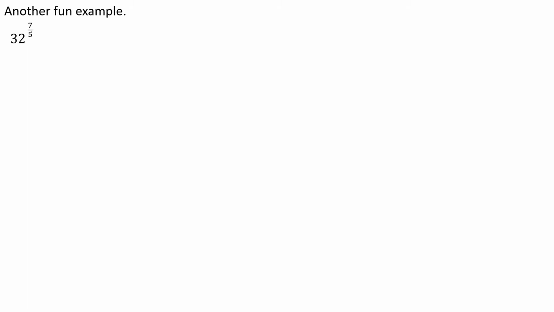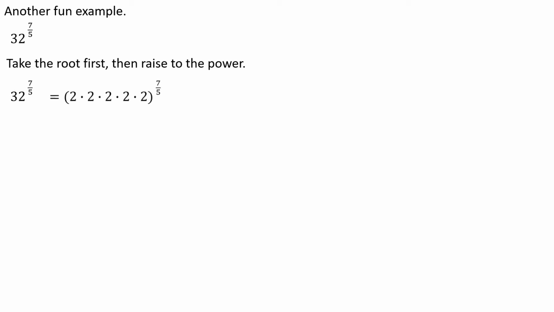Okay, let's take a look at something else. What if I want 32 raised to the 7/5 power? Okay, the denominator is a 5, so I need 5 equal factors, right? And of course, in this case, it's going to be 2 times 2 times 2 times 2 times 2, right?